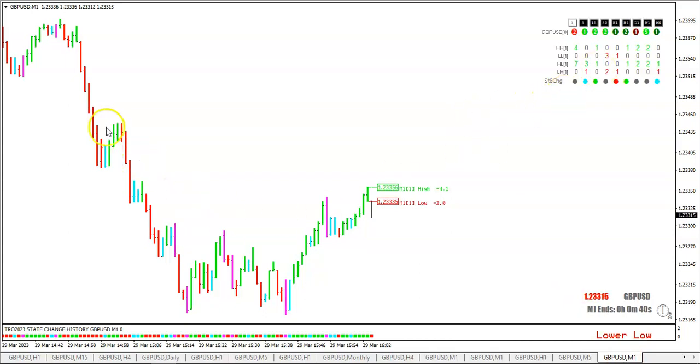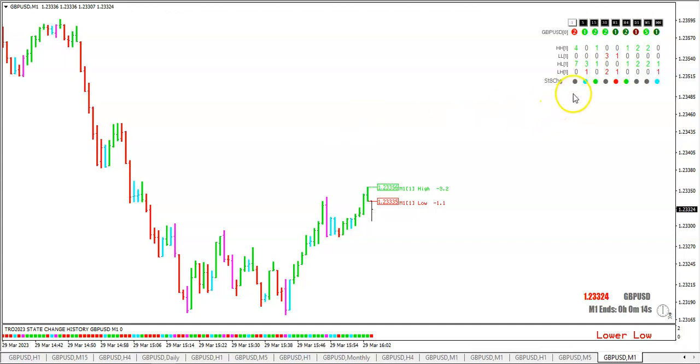We've got state change, we've got state change bars, and we've got state change history, depending on how you like to play it. And what I've realized is that what you might want to do is only trade if there was a state change on the previous bar.